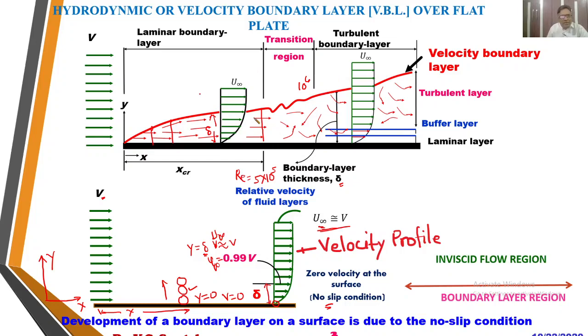The variation of the velocity from the flat plate surface until the velocity becomes equal to the free stream velocity is called the velocity profile. So beyond this velocity boundary layer, the fluid velocity will be equal to the approach velocity.